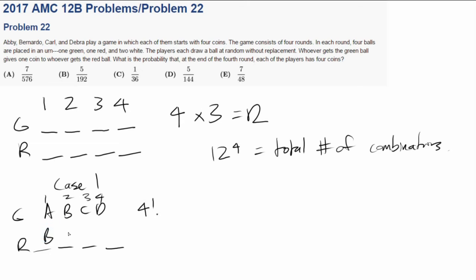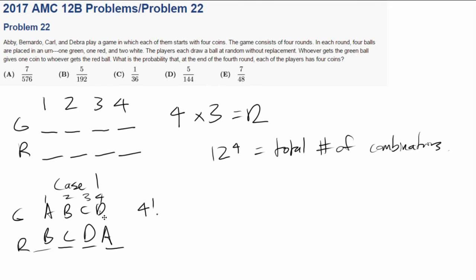So for instance, B, C, D, A, right? That's a possible way. So in game 1, A gets the green ball, B gets the red ball. Game 2, B gets the green ball, C gets the red ball, right? So each one of these appears again in another game getting a red ball to counteract their gain when they got a green ball. So this is like case 1, right?